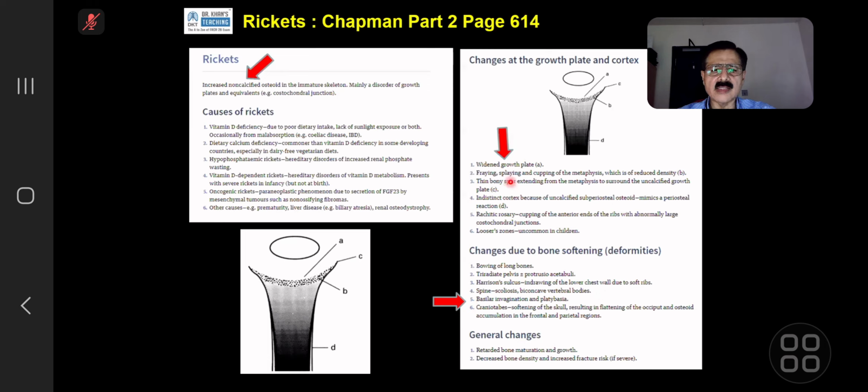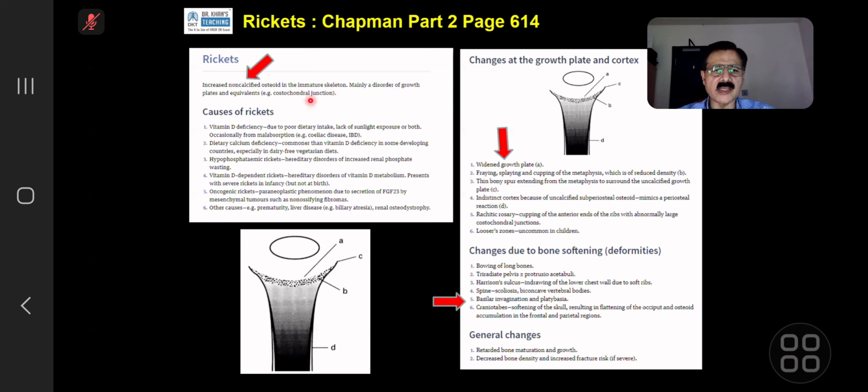Now, other than that, another main finding which I want you to remember is increased non-calcified osteoid in the immature skeleton. It mainly is a disorder of growth plates and equivalents. So in the rib, what is the equivalent? Costochondral junction.